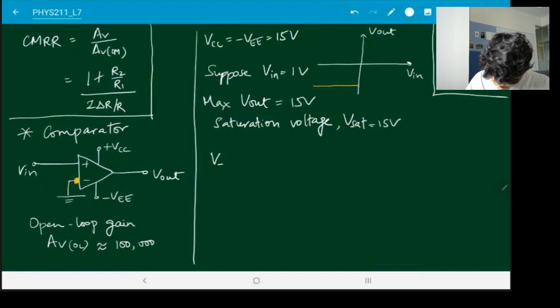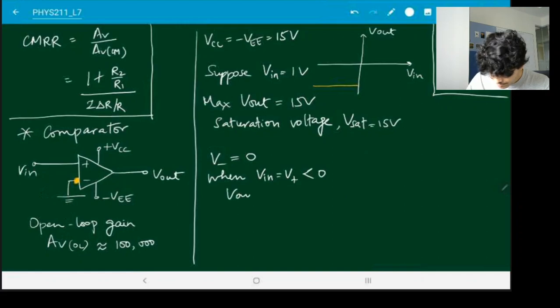What I'm saying is V minus is right now 0. When V in, which is V plus, is less than 0, then V out is going to be the open loop gain multiplied by V in, which is something like minus a large number.